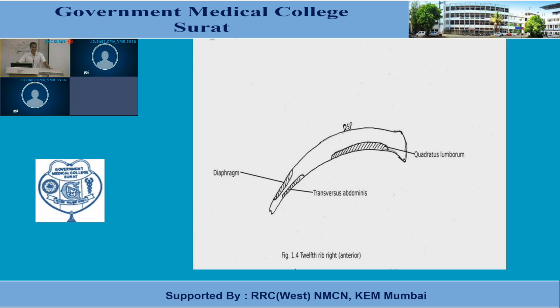This obliquity increases from the first to the ninth rib. After that it decreases. There is such oblique placement of ribs because during inspiration there is a need to increase the antero-posterior and transverse diameter of the thoracic cage, and to increase these diameters, obliquely placed ribs are essential.